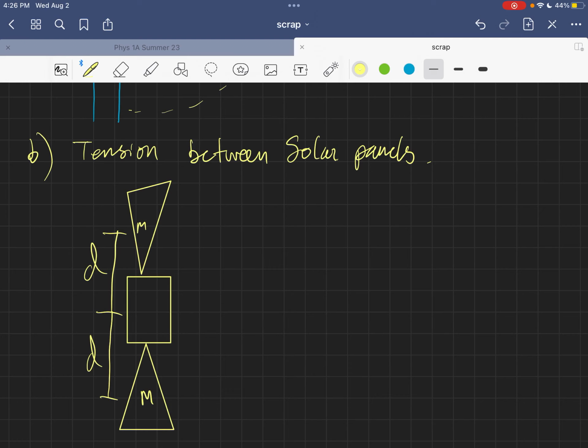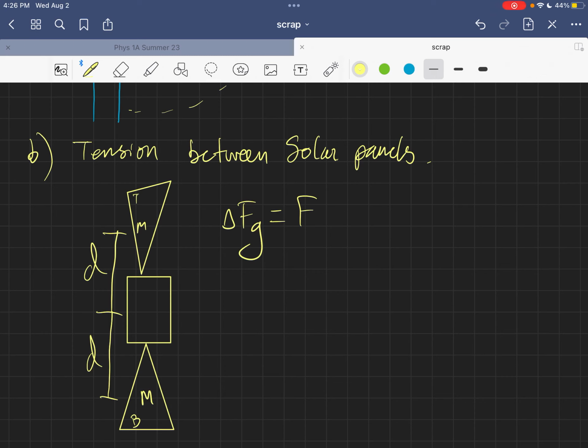But there's two ways of doing this. There is a fast and easy way that is less accurate and more prone to error, but there is a more complicated way that is more accurate. So you can do it either way. The easier way is going to be doing delta Fg, finding the change in gravitational force between the top solar panel and the bottom solar panel.